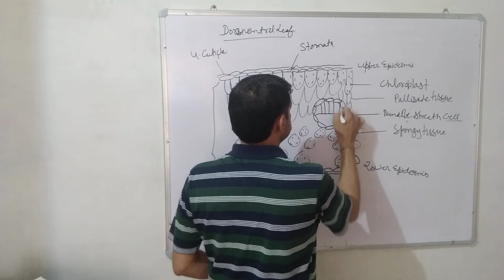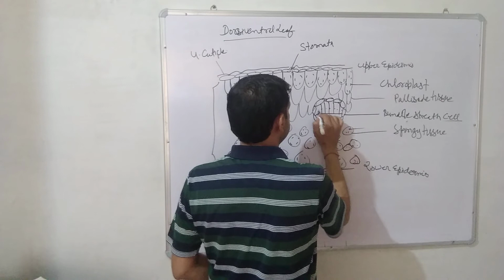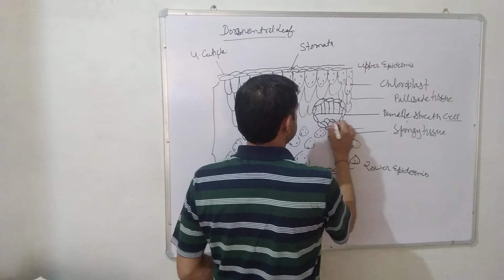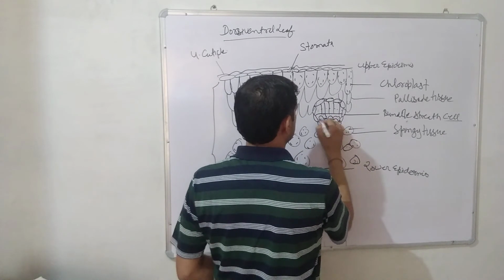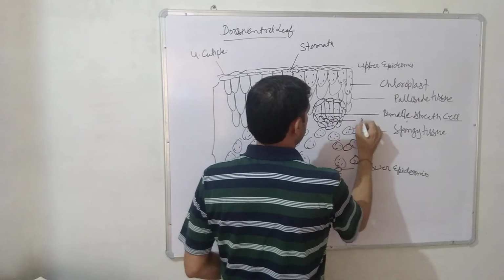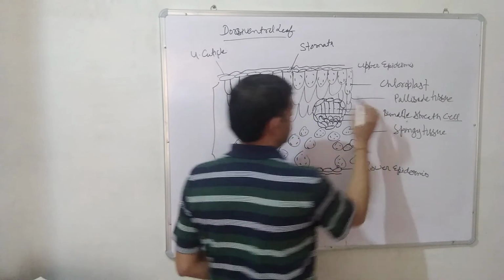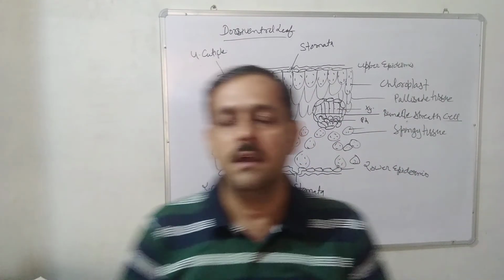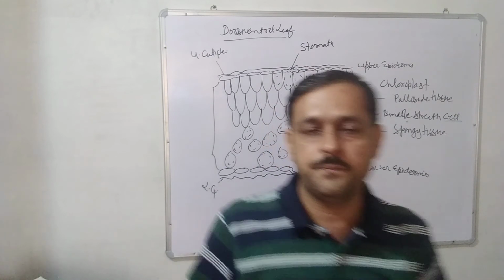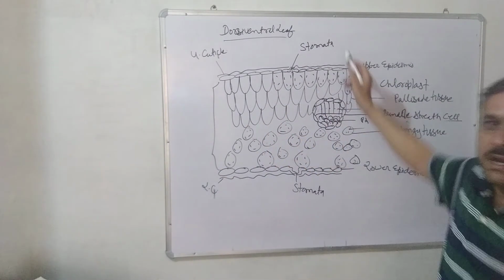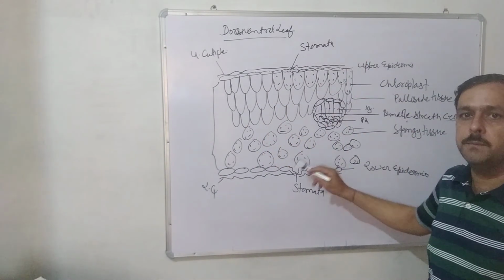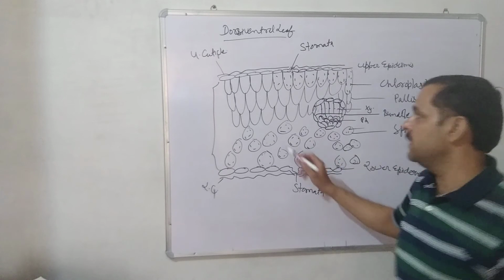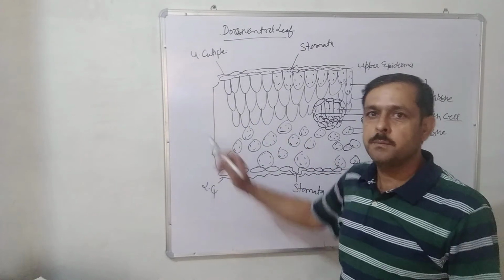Here this is xylem and this is phloem. So we can see in the dorsiventral leaf there is an upper and lower epidermis, and in between the upper and lower epidermis the mesophyll tissue is present.